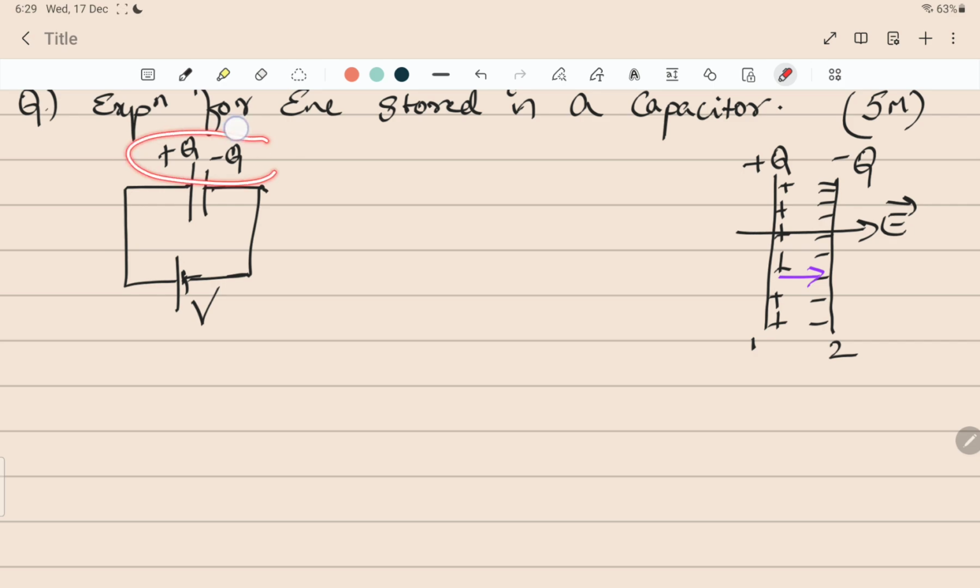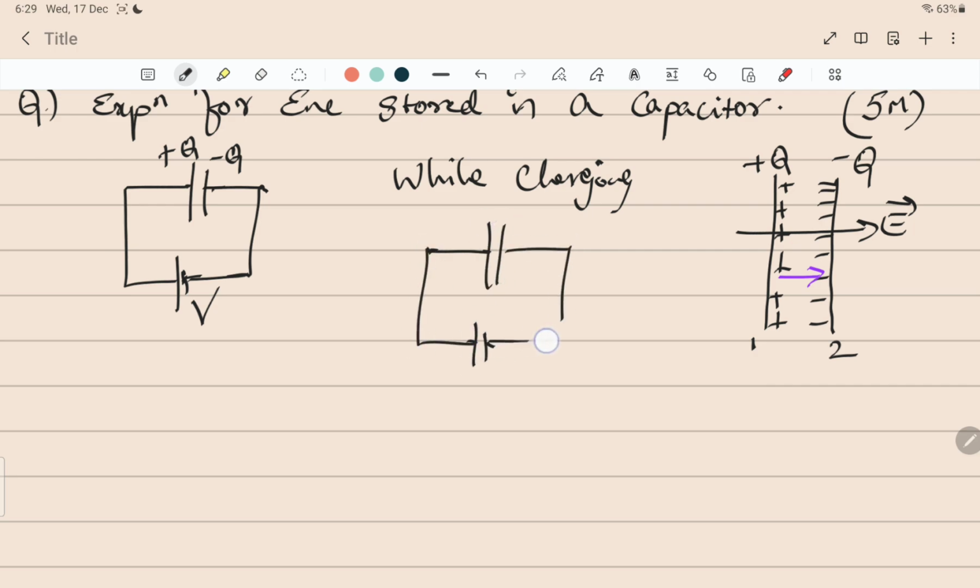But what about in between, in the intermediate case? During the charging process, let us say the transfer of charge is happening step by step through a small charge, say dq. Somewhere in between the charging process, the capacitor is connected to the same battery and charging is continuing; it is not fully charged.